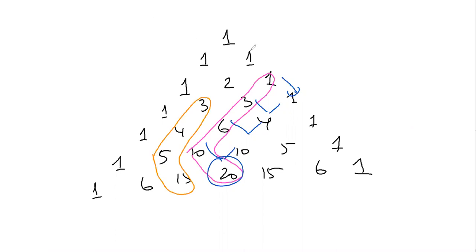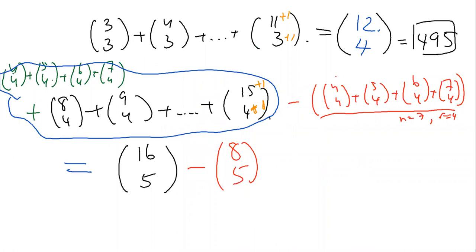You just have to subtract this portion here, but that portion itself is also a hockey stick. So you just subtract this value here, and that would work. 16 choose 5 minus 8 choose 5, which, I will save you the work because it is a big number, is 4,312. All right, does that make sense?